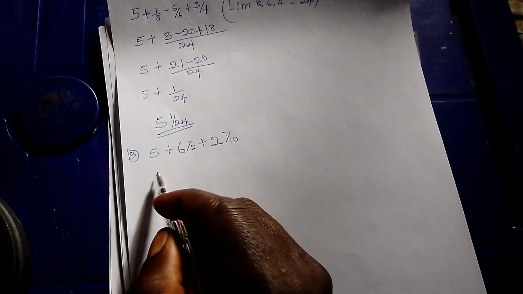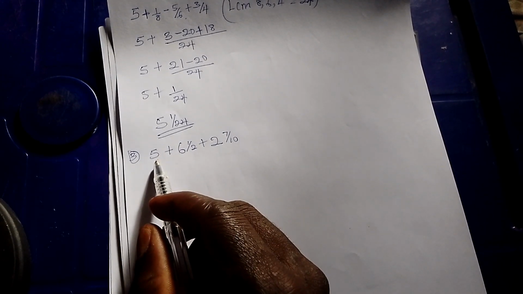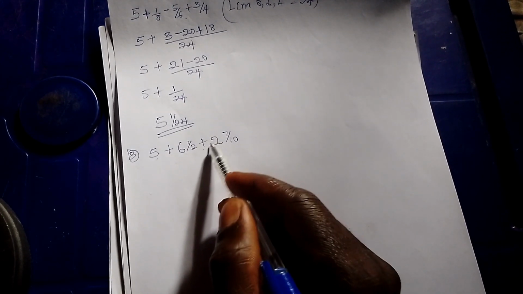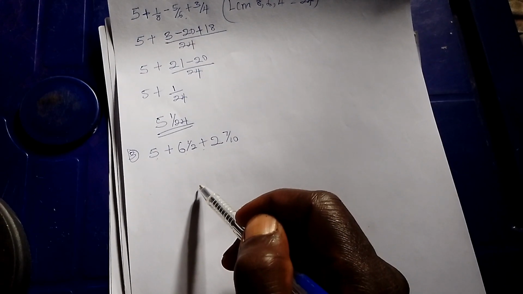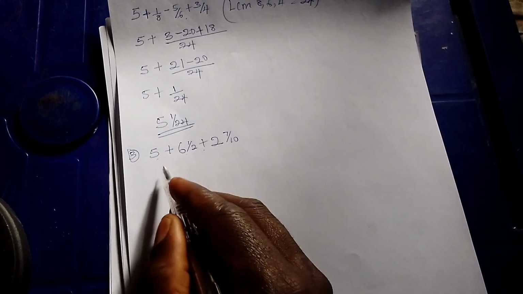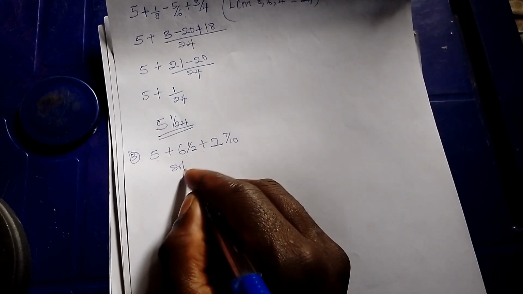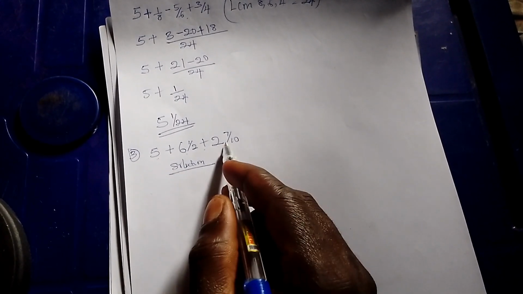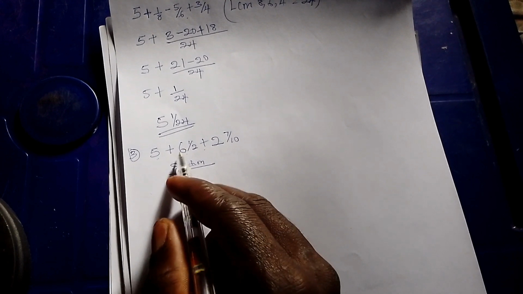The last example says 5 plus 6 whole number 1 over 2 plus 2 whole number 7 all over 10. So in the same manner, solution. We add the whole parts.